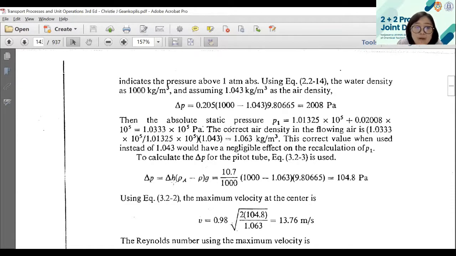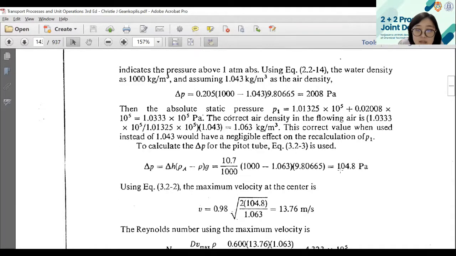So it's 10.7 divided by 1000 because I need to convert millimeter to meter. And then this is the liquid density, the water density inside the manometer, minus the new density of the flowing air, times G, then we can get 104.8 Pascal.